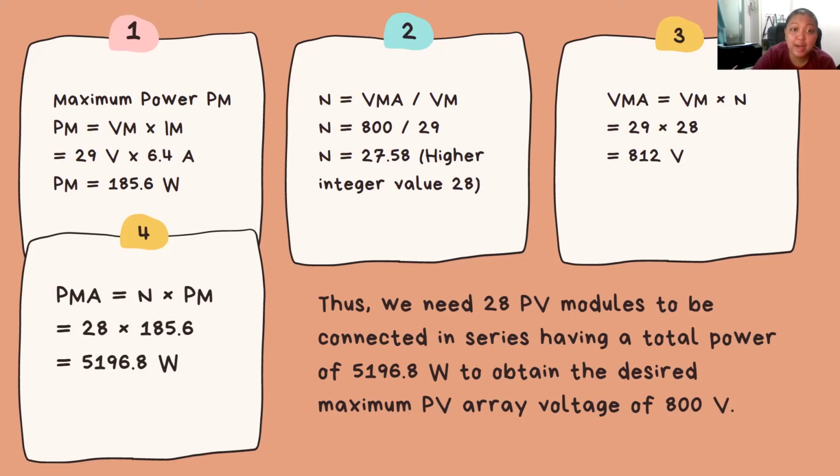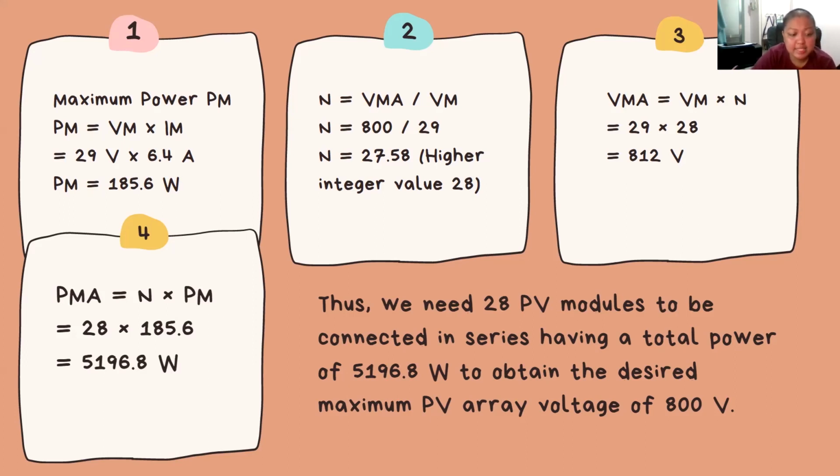So we are going to have 27.58 modules. Since it has a decimal, we have to get the higher integer value of 28.